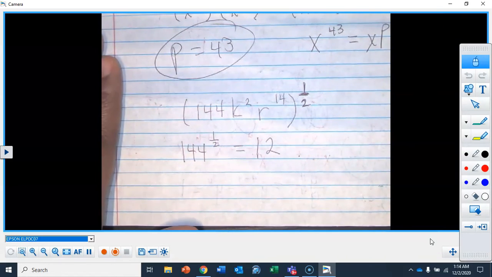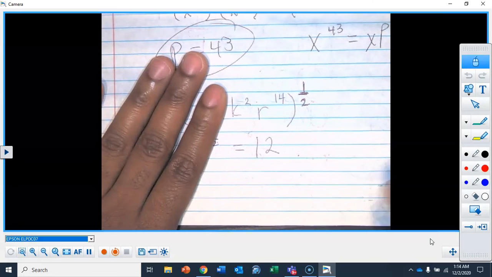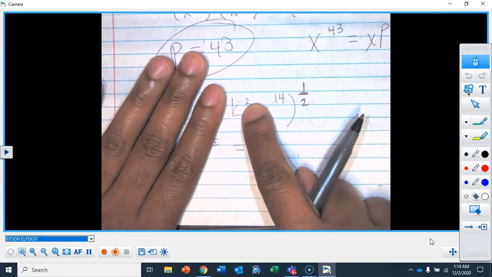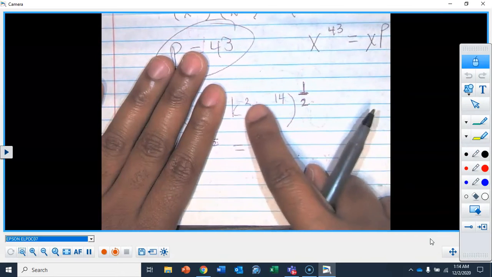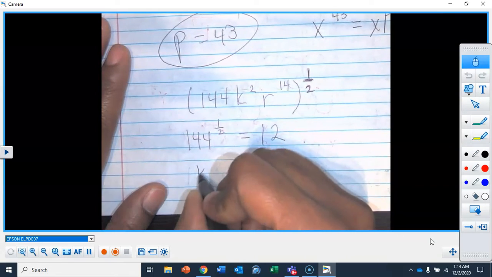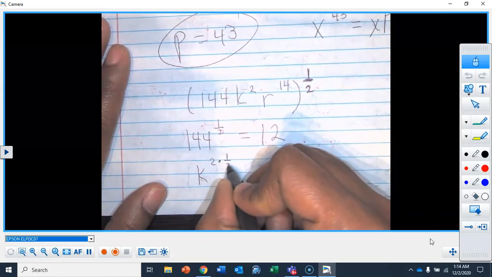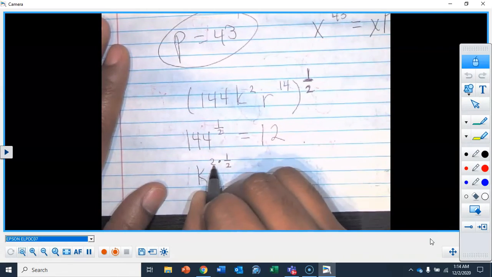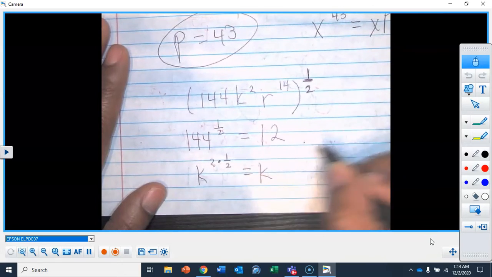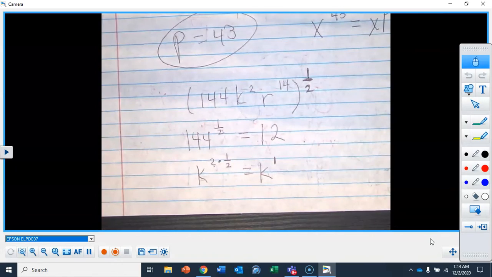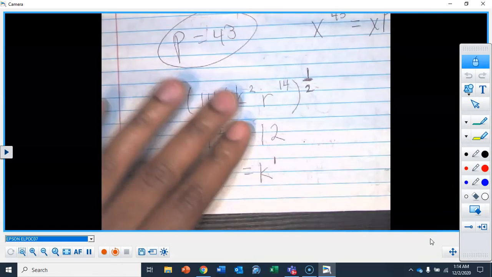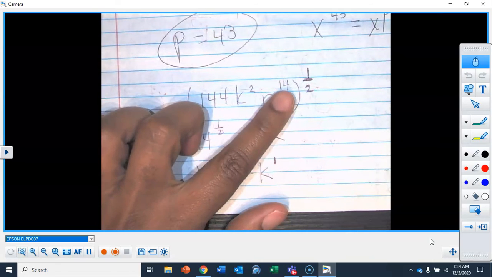Okay, now I'm going to focus on the variables. So if I have k raised to this power and it's being raised to here, what do I do? I multiply. So k squared times 1/2, half of 2 is 1. So it's just k to the 1 power. That's it. And then the r is raised to the 14th, but what is it doing?